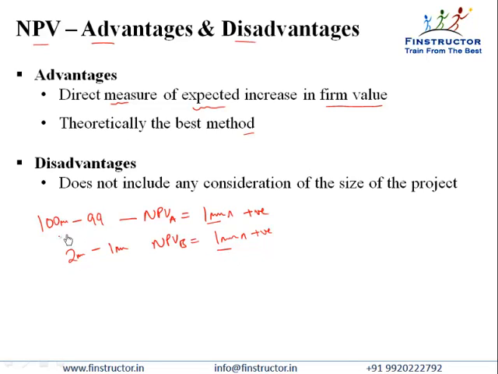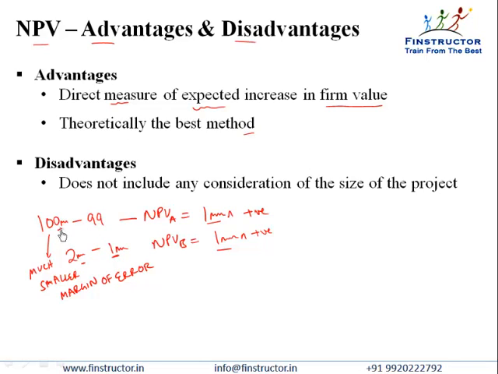However, we can see that the margin of error is much smaller in project A and much higher in project B. That is, if my cash flow estimation is off by 10-15%, then it is unlikely that the NPV of project B is going to become negative from a positive value, because the cash inflows are twice as much as the outflows.